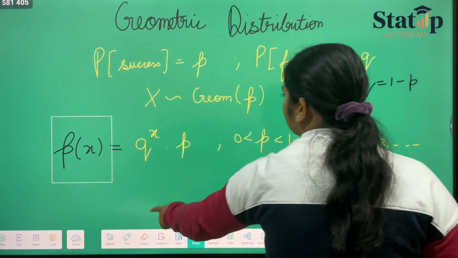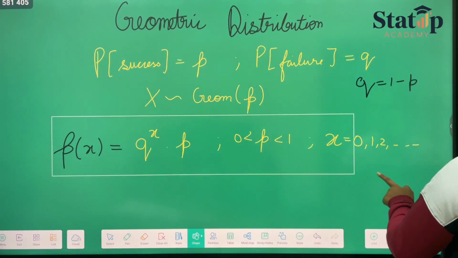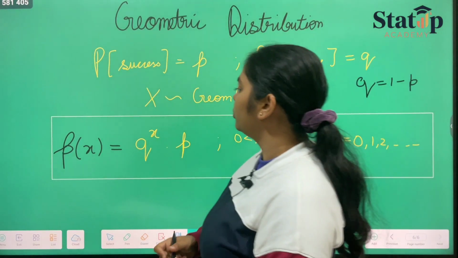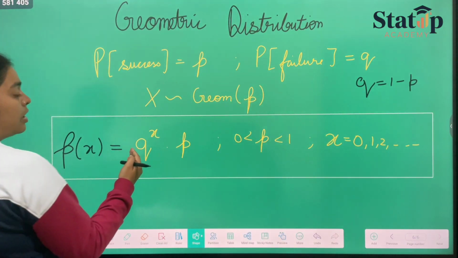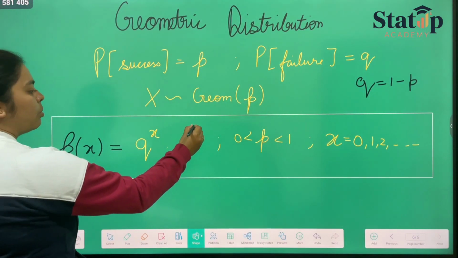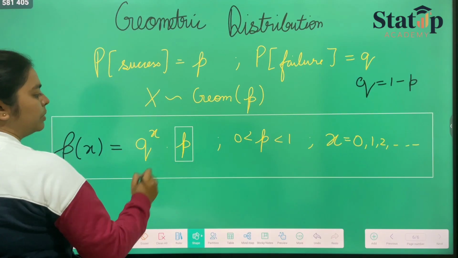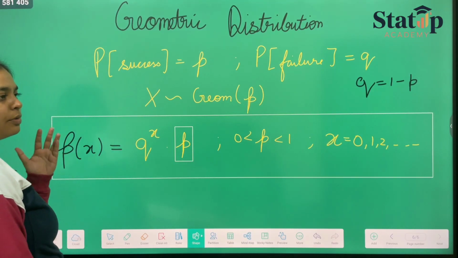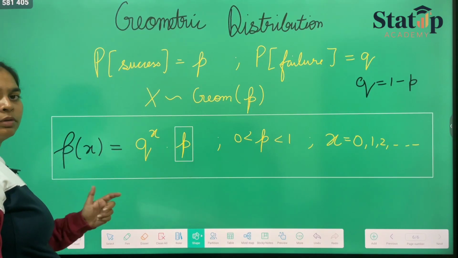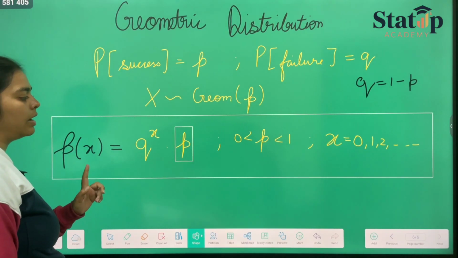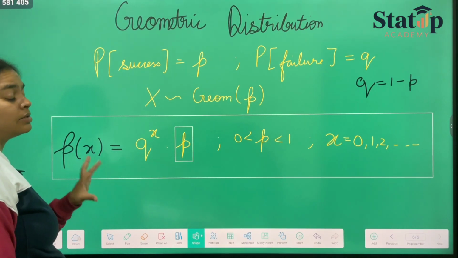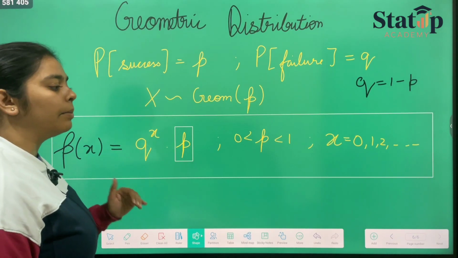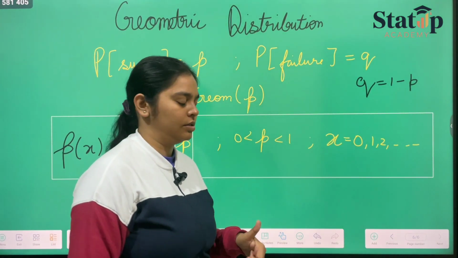This PMF is useful for our calculations in this geometric distribution, where Q to the power X is the number of failures before we get one success, which is P. P is success, and all the failures occurring before this first success are what this geometric distribution is all about.